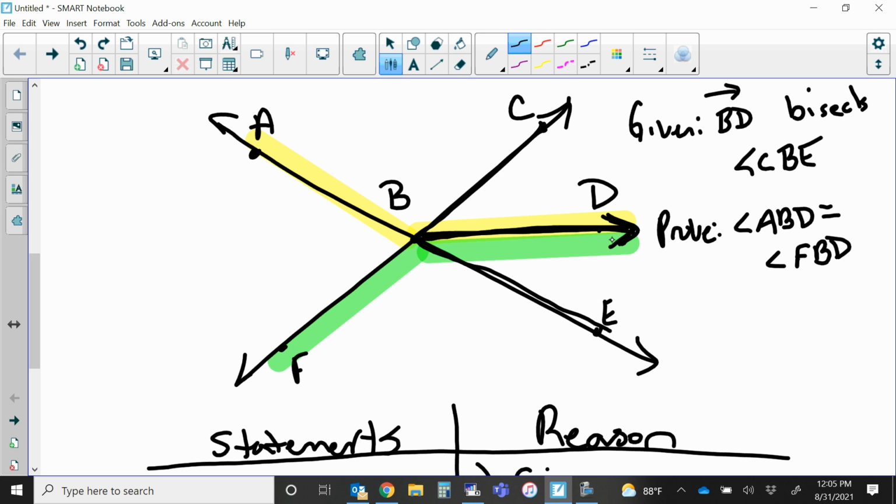Because this bisects this big angle, what do I now know? Angle CBD has to be congruent to angle EBD, DBE, same thing. Because it bisects, we know that to be true.